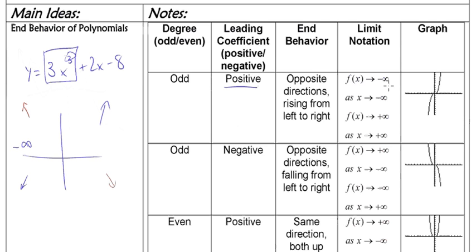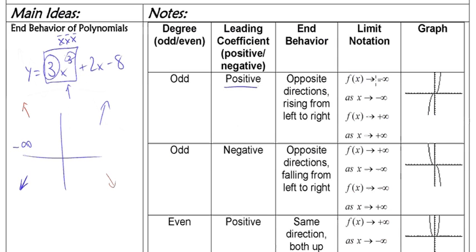Let's in our brains plug in negative infinity, or negative some number. A negative x to the third means x times x times x, and a negative times a negative times a negative gives us a negative. Then you multiply that by the positive coefficient, and it goes to negative.